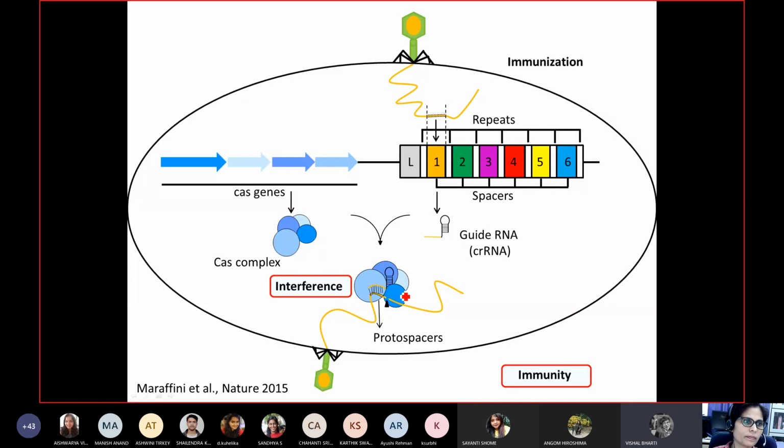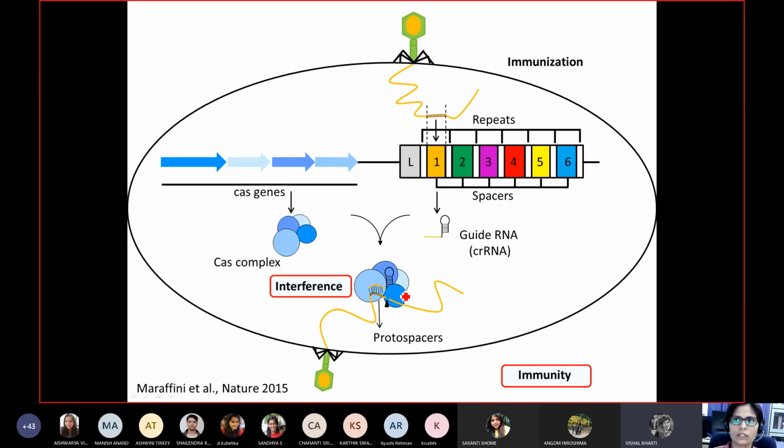Ma'am, sorry to interrupt, but when it gets attacked with the same kind of phage, it will form its guide RNA first. So for making its guide RNA, it has to transcribe the whole thing.